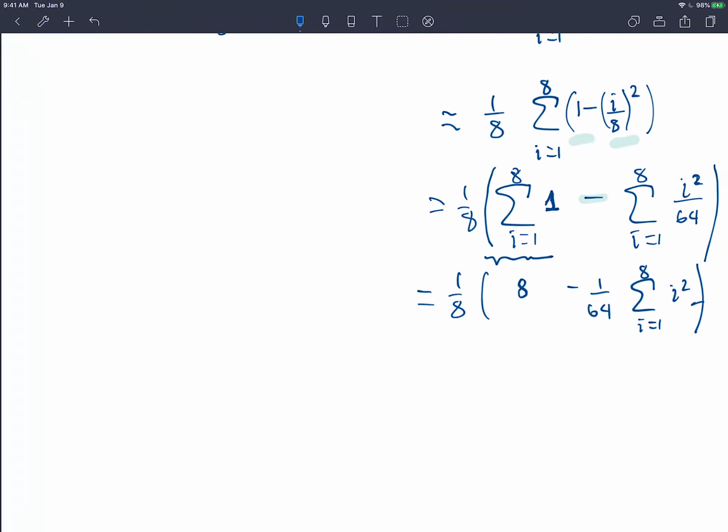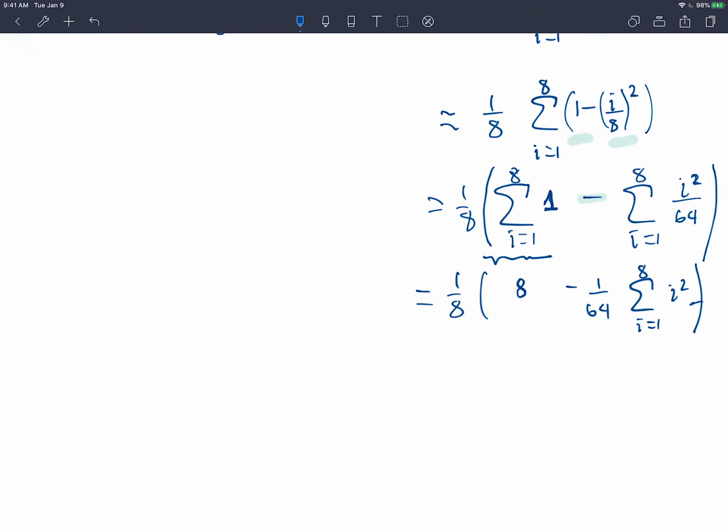I'm going to assume we know that if you're adding i equals 1 up to n of the squares, there's a formula that can be proved: it's n times n plus 1 times 2n plus 1, all divided by 6.